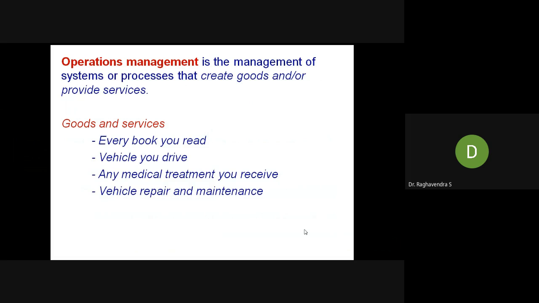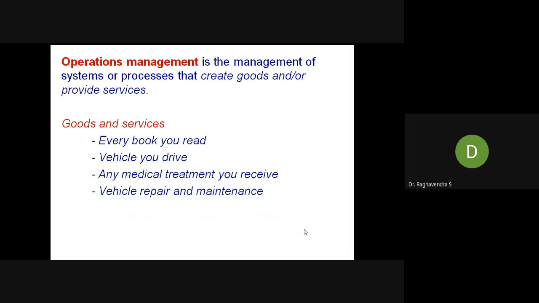So let us see the definition of operation management. It is the management of systems or processes that create goods or provide services. Operation management means management in any organization, maybe in the goods sector or the service sector.